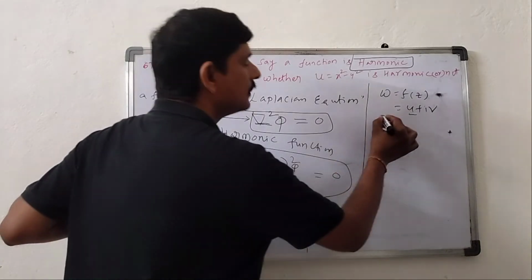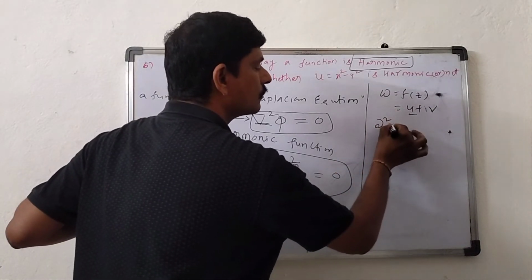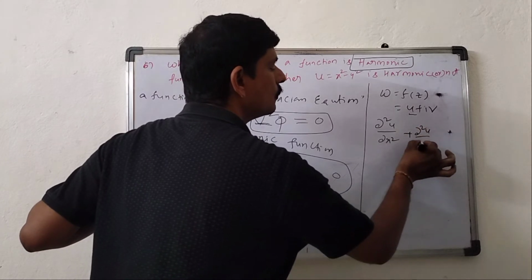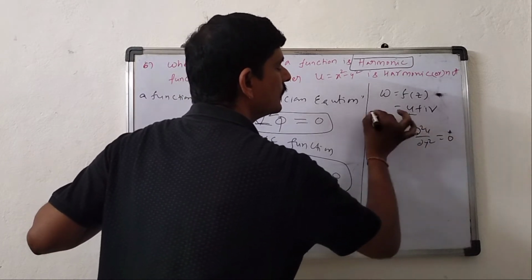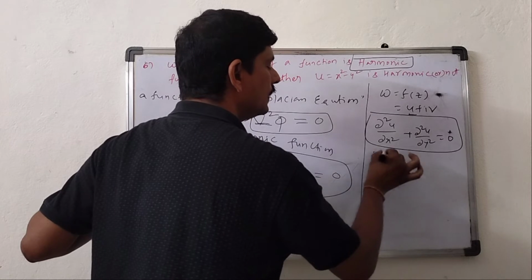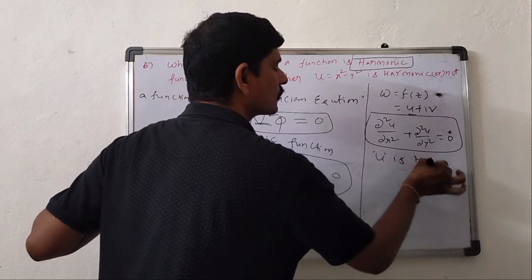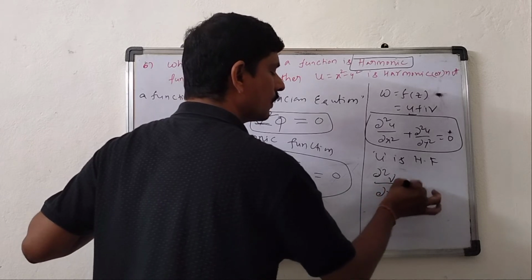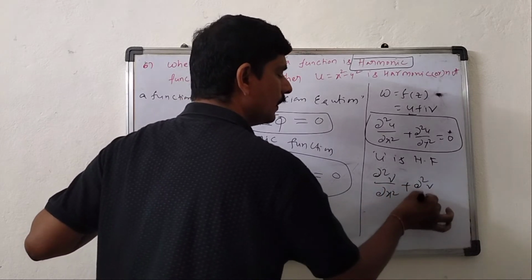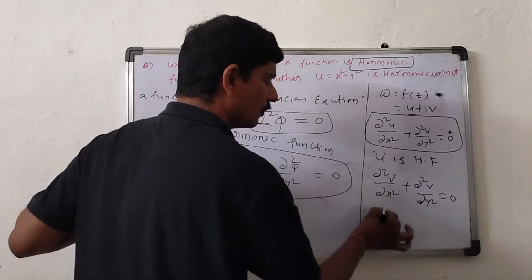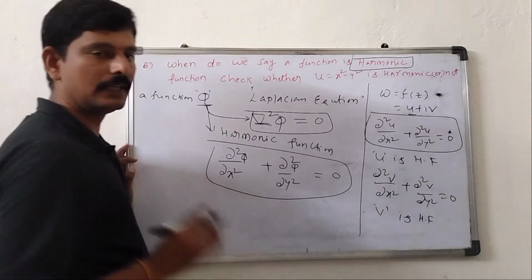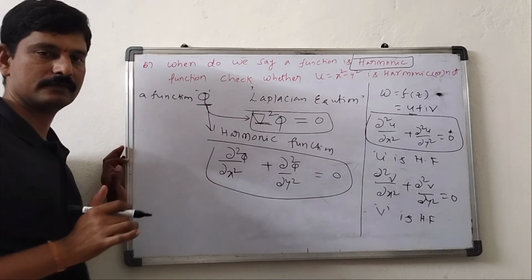So u satisfies Laplacian equation means ∂²u/∂x² plus ∂²u/∂y² is equal to 0, then u is said to be harmonic function. If ∂²v/∂x² plus ∂²v/∂y² is equal to 0, then v is said to be harmonic function. Clear? Right.